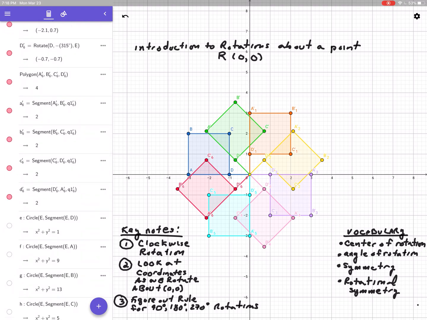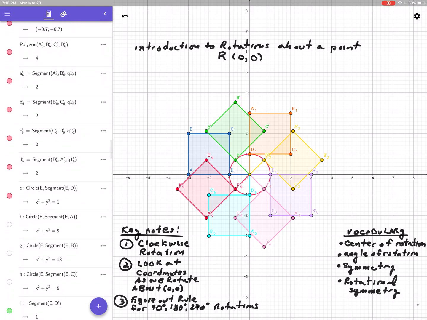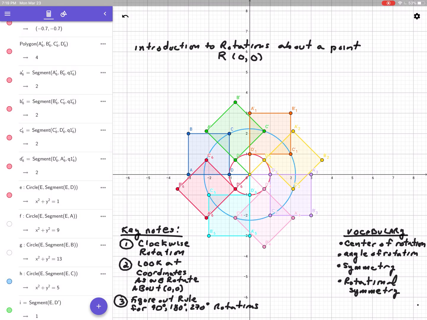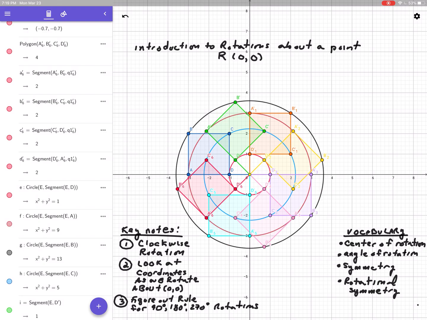And cycles are very important. Look, there is a circle of 1 unit in radius. Okay. Start to see another pattern? How about this one? Boom. All right. Not impressed yet? How about boom, boom? Look at that.